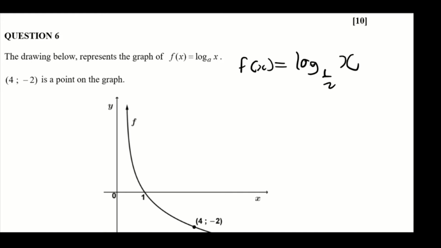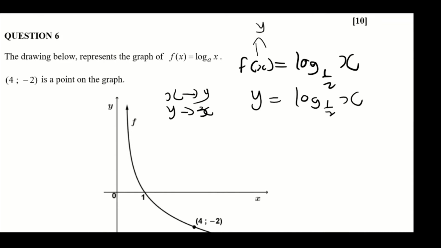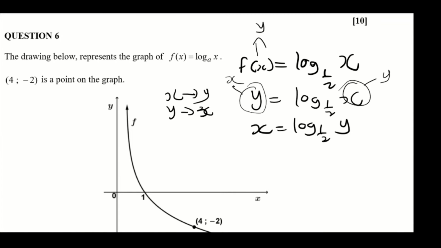So to find the inverse of this, we know that f of x is equal to y. So you can simply write y equals log base 1/2 of x, and then we can swap our x and y. Where there's x, we're going to put y. Where there's y, we're going to put x, right? So it's going to be x equals log base 1/2 of y, and then we write our equation properly.